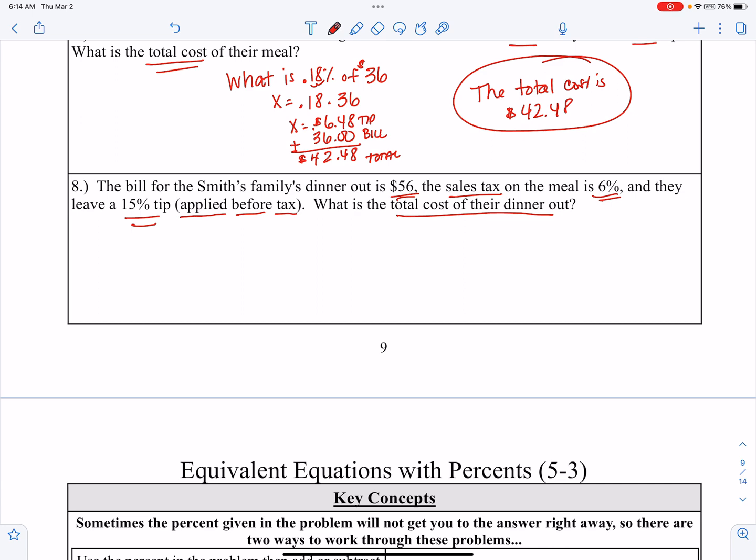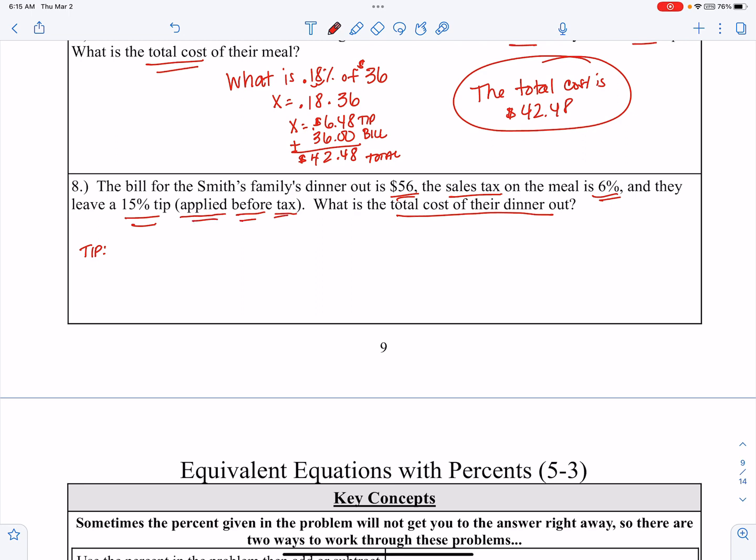Okay, so we have 2 things here. We have to calculate the sales tax and also calculate the tip. So let's go ahead and figure out what the tip is first. So let's take care of figuring out the tip, because it does say applied before the tax.